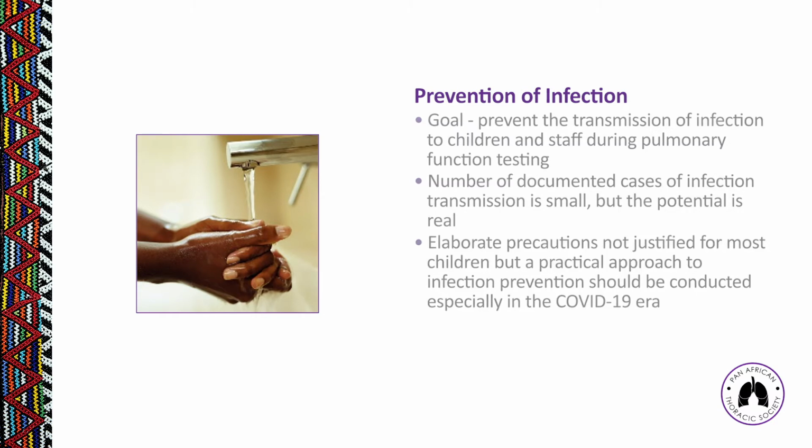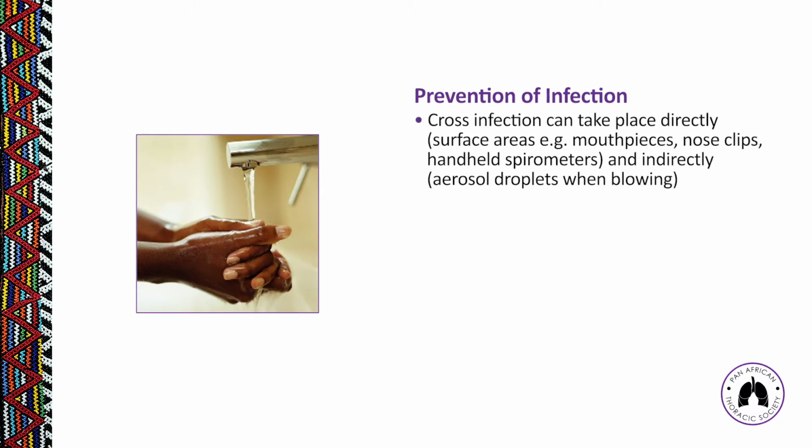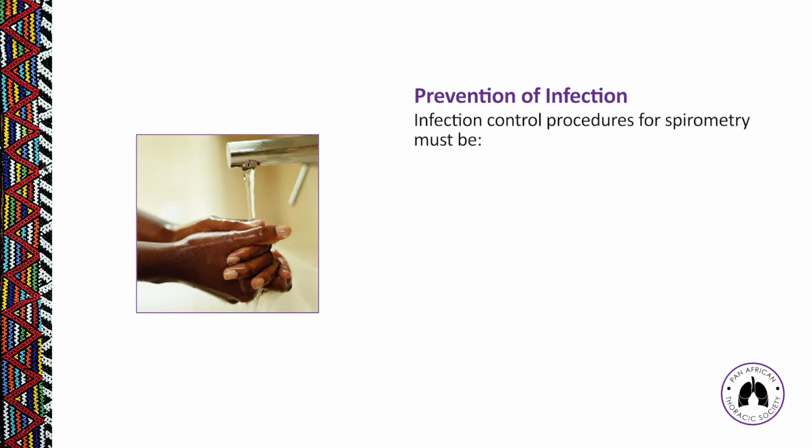We have to be very careful that we know that cross-infection can take place directly from surface areas, from the mouthpieces, the nose clips, with the holding of the spirometer itself, and then indirectly as well through aerosol droplets when blowing. So infection control procedures in spirometry need to be practical and sensible.